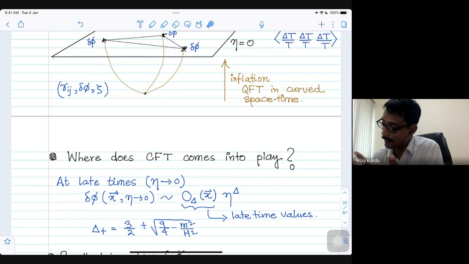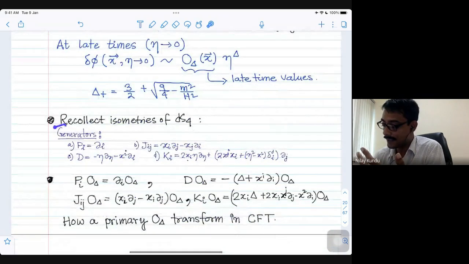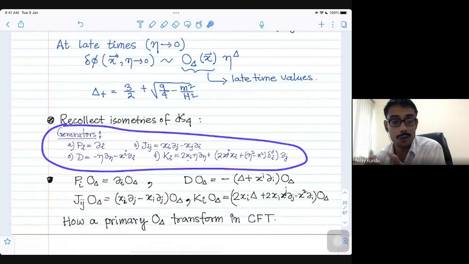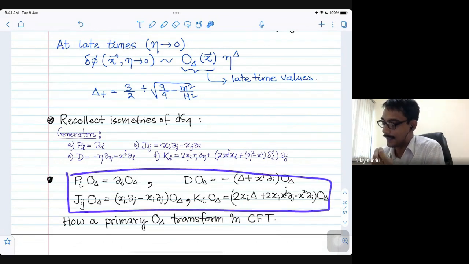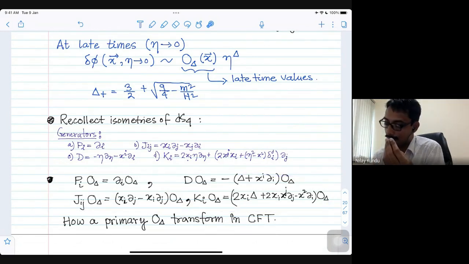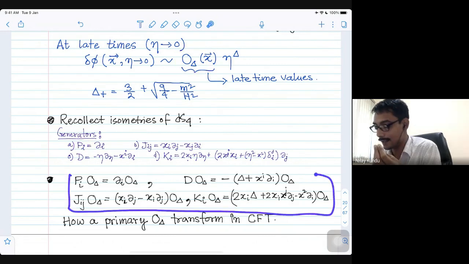Then if you look at the generators I wrote before and take the eta going to 0 limit, you land up with relations where the generators, at eta equal to 0, operate on this late time value. The relations that you get are these.